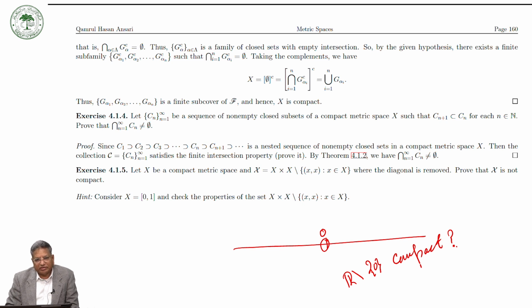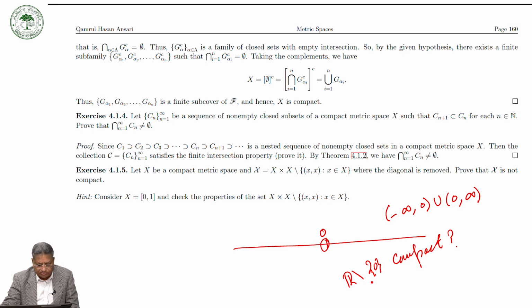But if we remove 0, it means that you are considering the open interval minus infinity to 0, union the open interval 0 to infinity. So we are removing 0, but this is open, and this is open. So it is not a closed set, and therefore this is not compact.